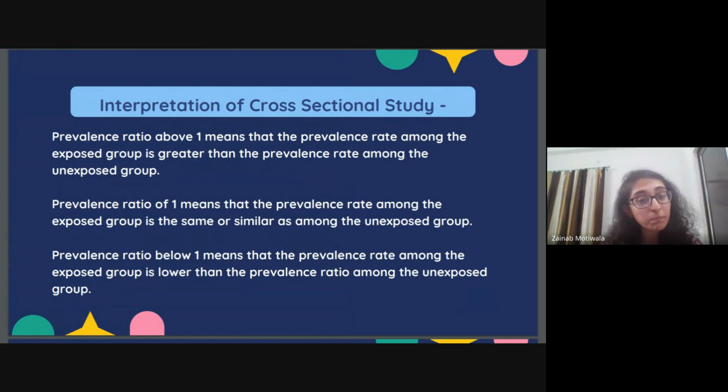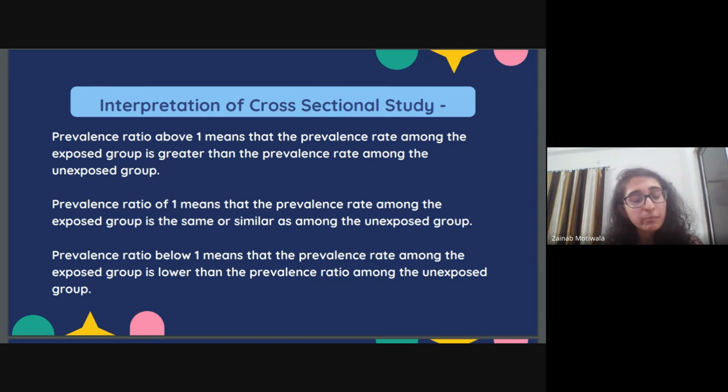Now let's talk about interpretation of cross-sectional study designs. When we have a prevalence ratio of more than 1, like in our example, it shows that the prevalence rate among the exposed group is much greater as compared to the non-exposed group, signifying a positive association.